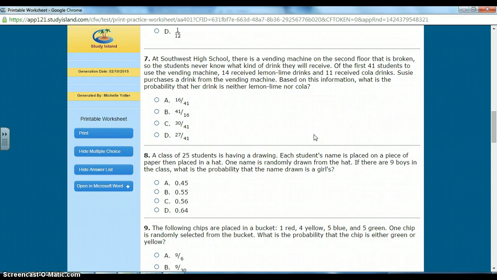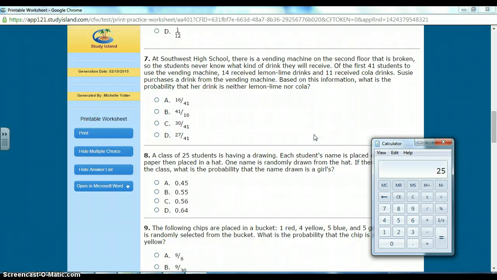So we need to find the probability of it being lemon lime or cola and then subtract that. So 25 out of 41 kids got lemon lime or cola. So 41 minus 25 is going to give us everything else. So the probability of her getting something other than lemon lime or cola is 16 out of 41.